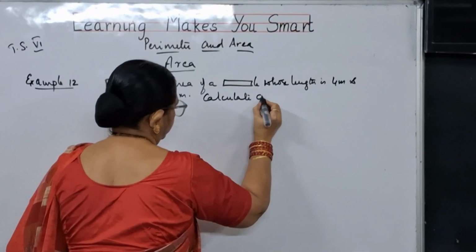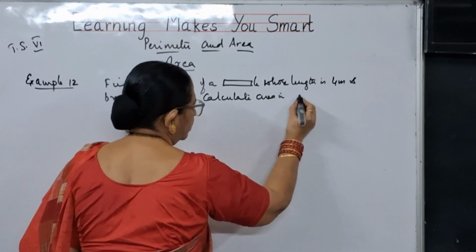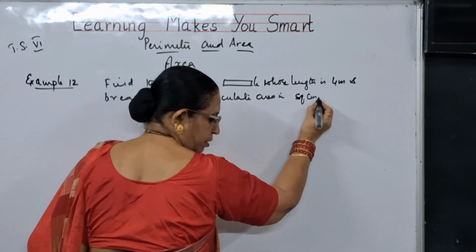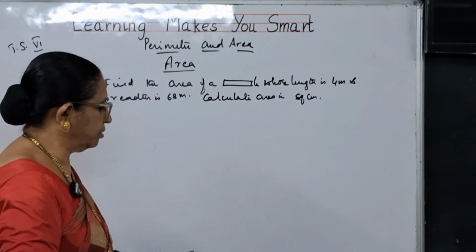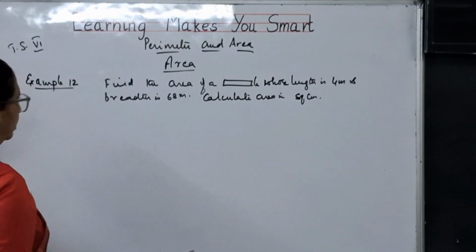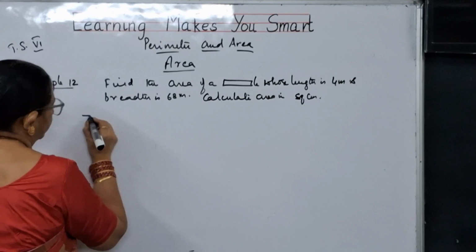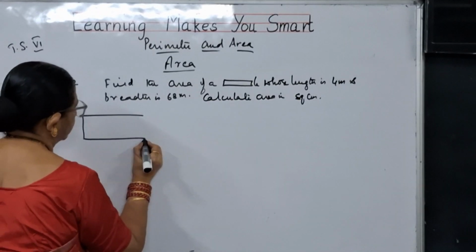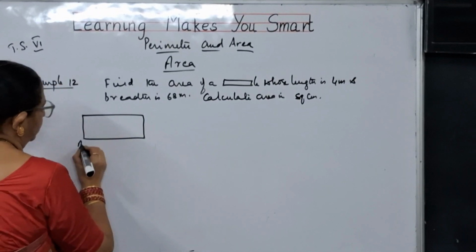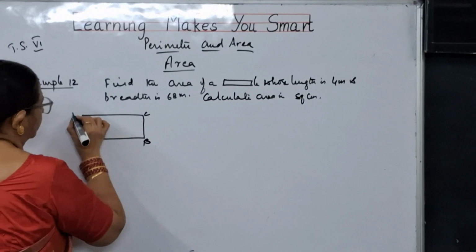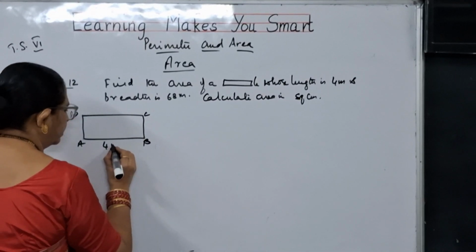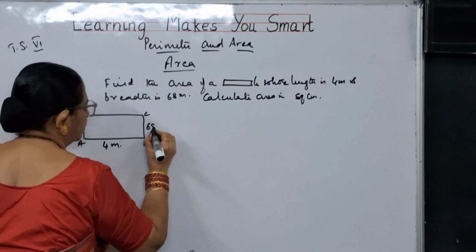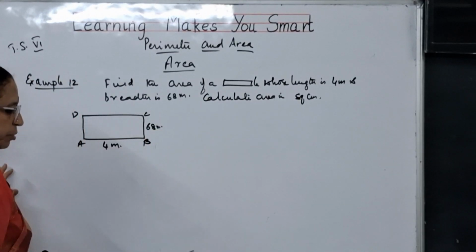Calculate area in square centimeters. Square centimeters they are asking, children. See the measures they have given. ABCD is the rectangle. Length is given as 4 meters. Breadth is given as 68 centimeters.